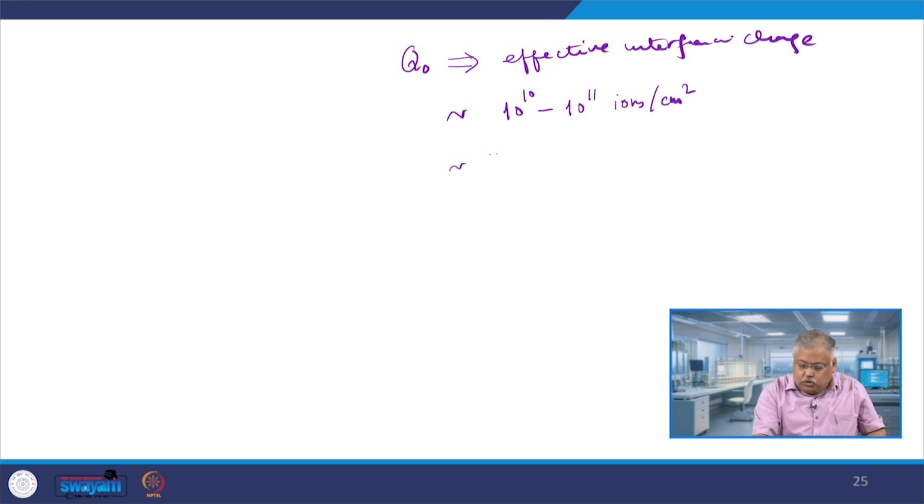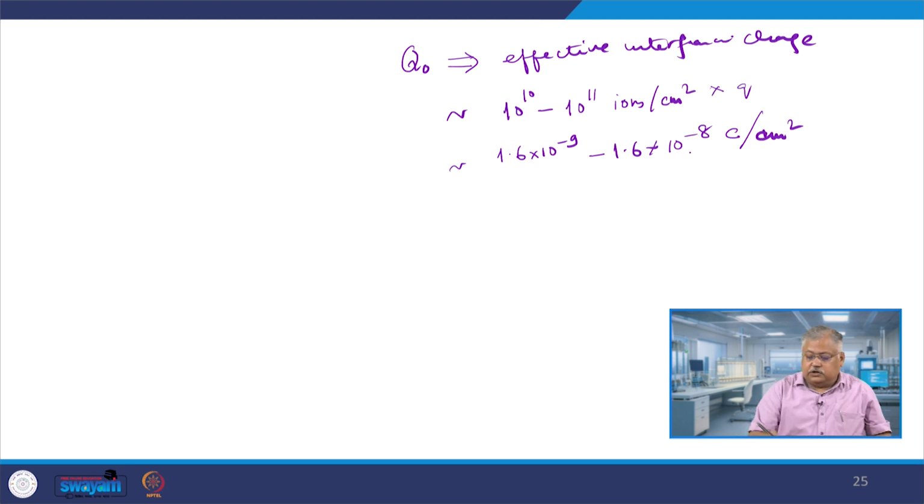This will correspond to approximately 1.6 into 10 to the power minus 9 to 1.6 into 10 to the power minus 8 coulomb per centimeter square. How did I do it? I just multiplied this with q and I got this value.